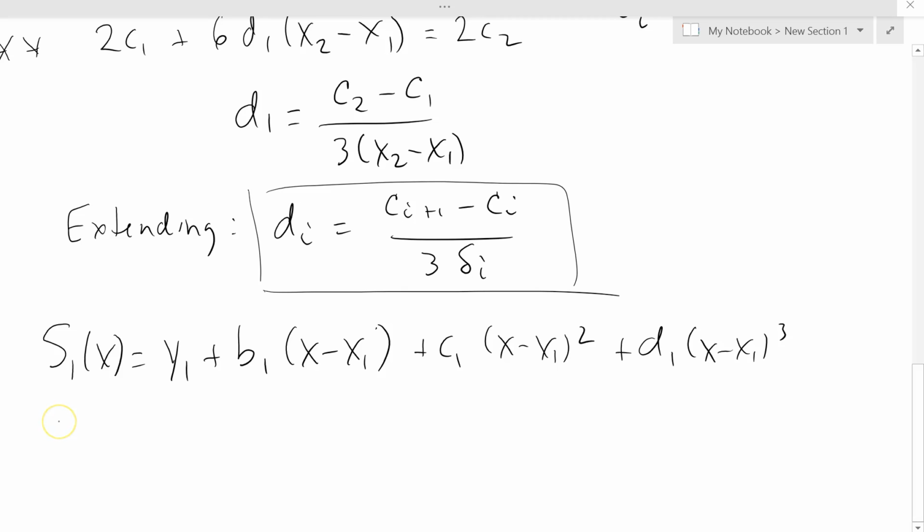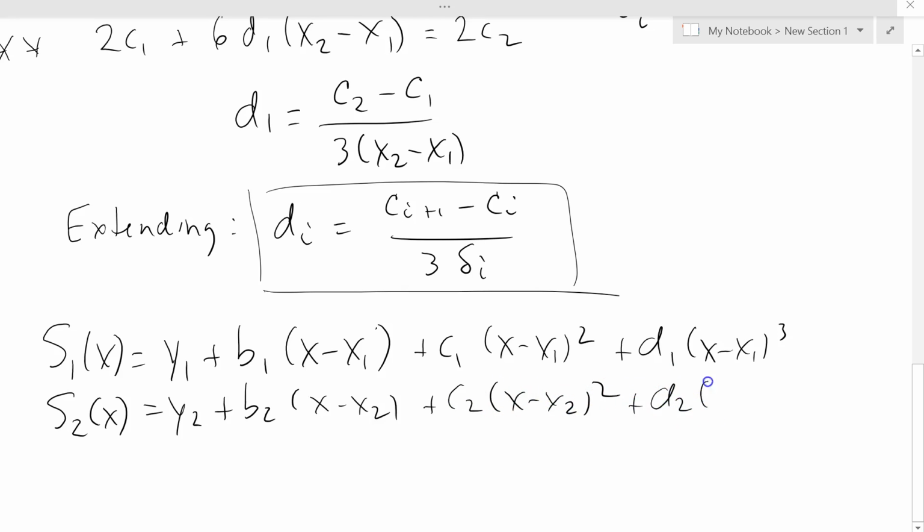Right? All right, so I know that. Then we have our S2 of x is y2 plus b2 times (x minus x2), plus c2 times (x minus x2) squared, and d2 times (x minus x2) cubed.